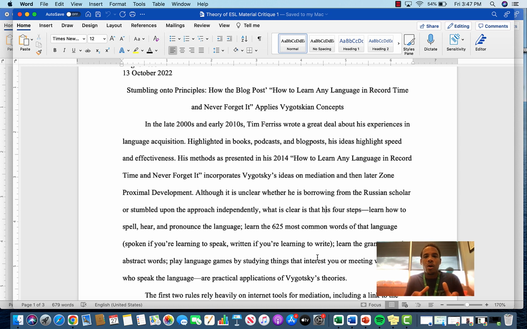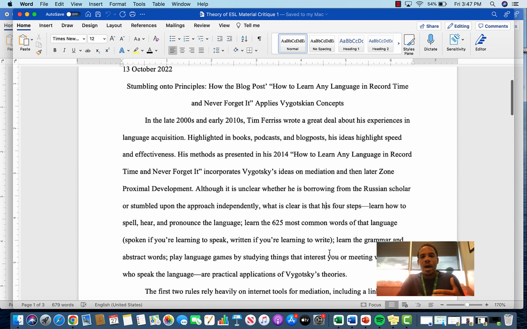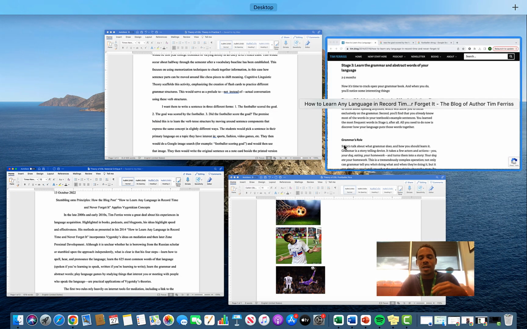And so they are taking it out of that cognitive linguistic zone, and putting it more into the sociocultural zone, and then they can use that as a scaffolding for future linguistic concepts.